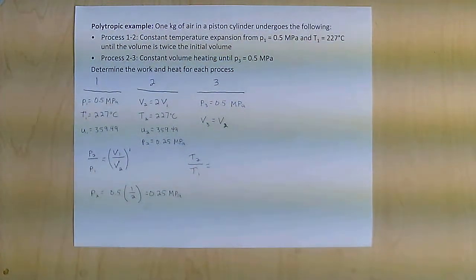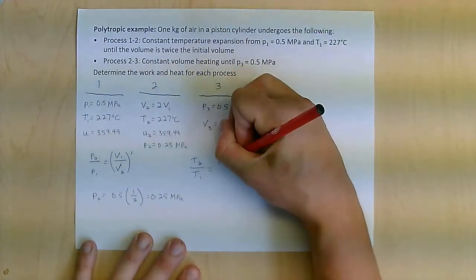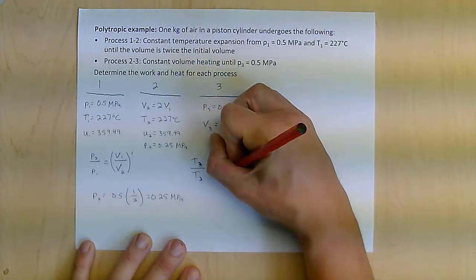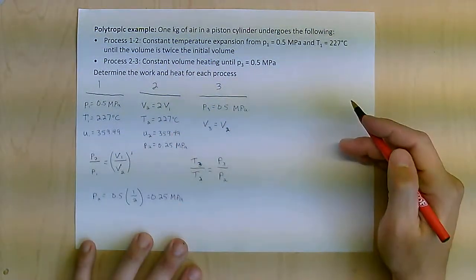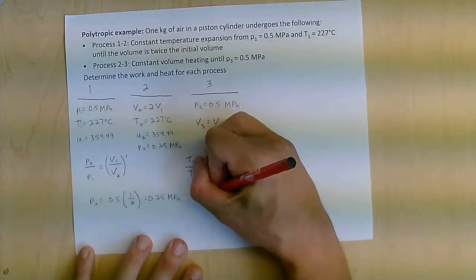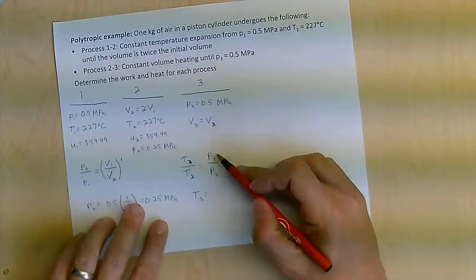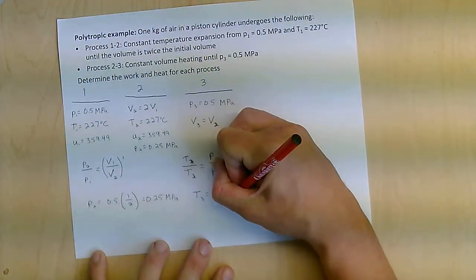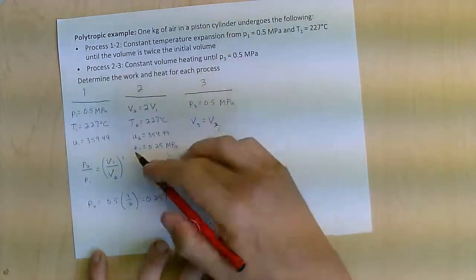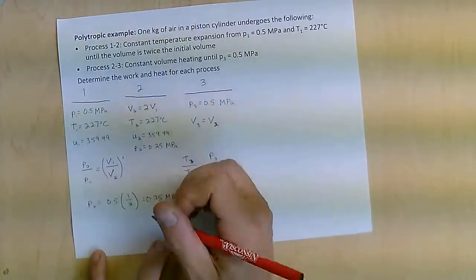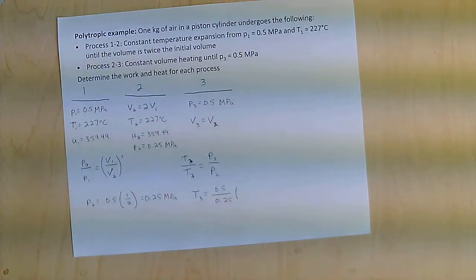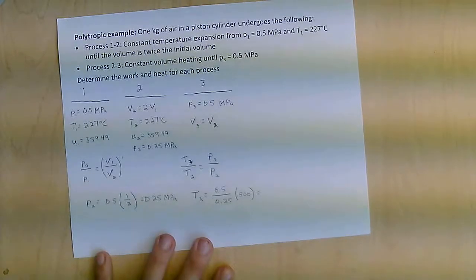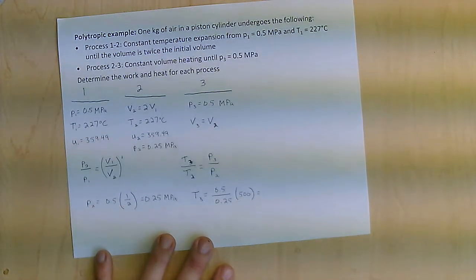This should be T3 over T2 equals P3 over P2, because I'm using 2 and 3 instead of 1 and 2. So T3 equals 0.5 over 0.25 times T2, which instead of 227, I would use 500, which means T3 equals 1,000.